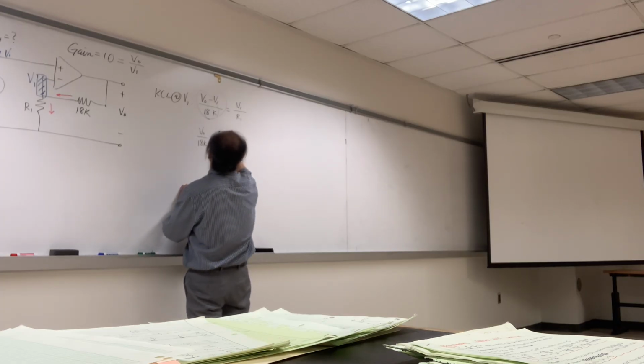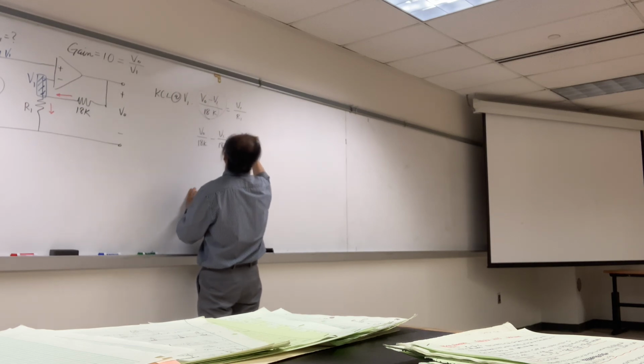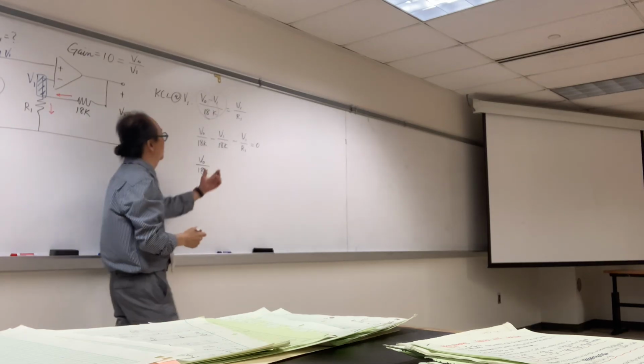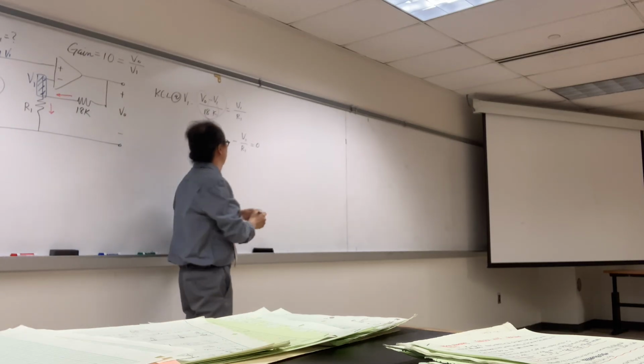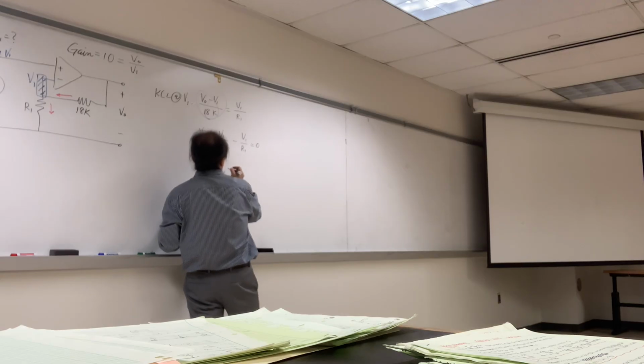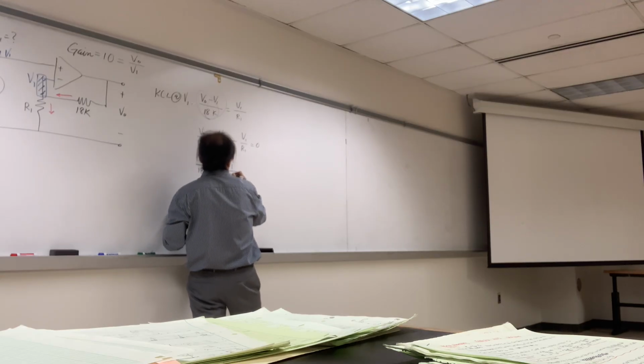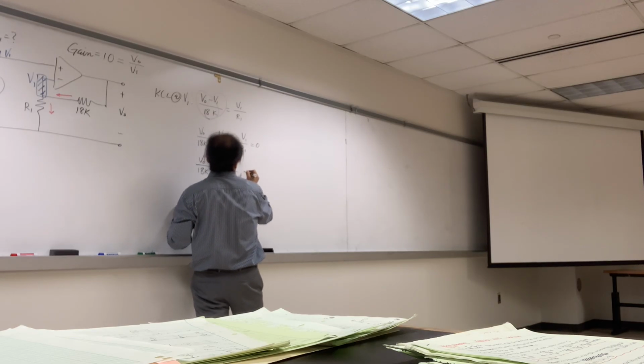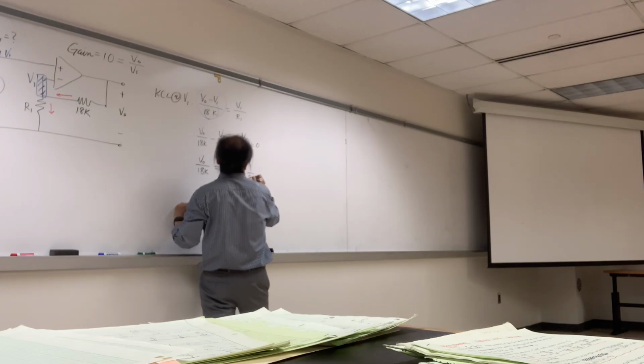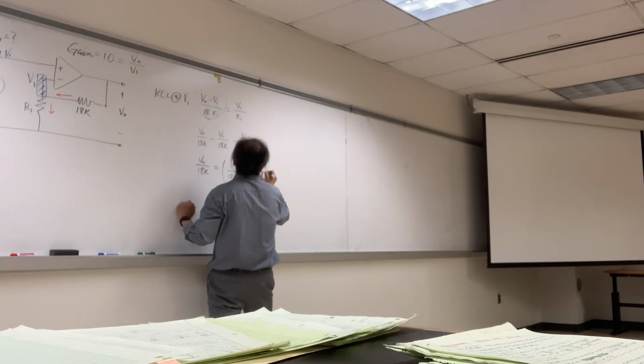So minus V1 over 18K minus V1 over R1 equals 0. Sorry, let's move this guy to the other side. It's easier. We have 1 over 18K plus 1 over R1 times V1.